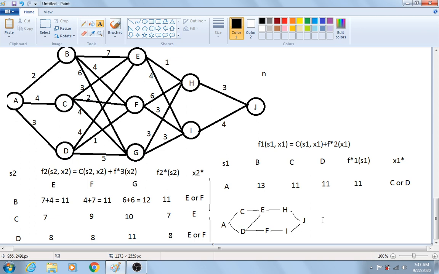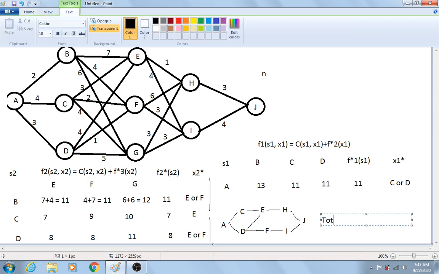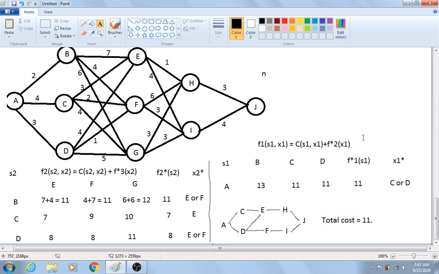So the total cost here is 11. And this is the solution. So how many routes do we have? We have 3 routes.